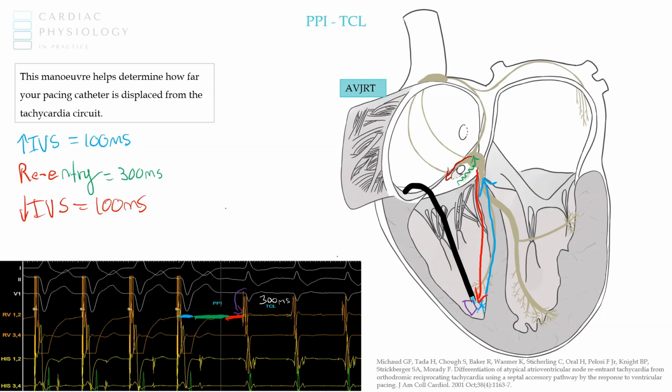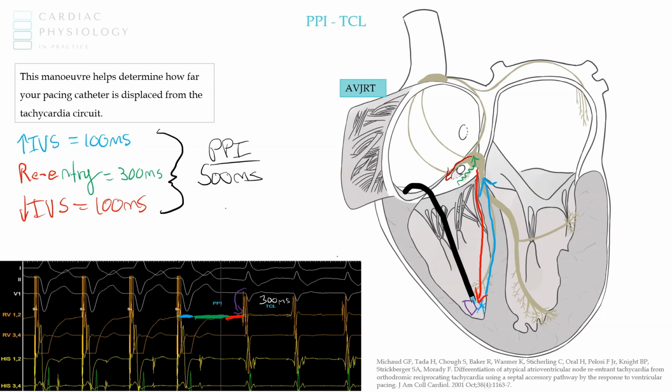And so the post-pacing interval simply reflects how long it takes to go to the circuit, around the circuit, and back from the circuit to the catheter again. So we measure from the pace stimulus to the first electrical activity in the same electrode that you are pacing from.